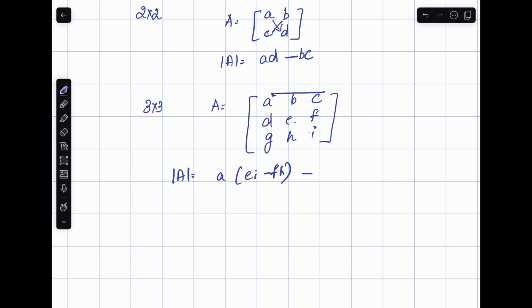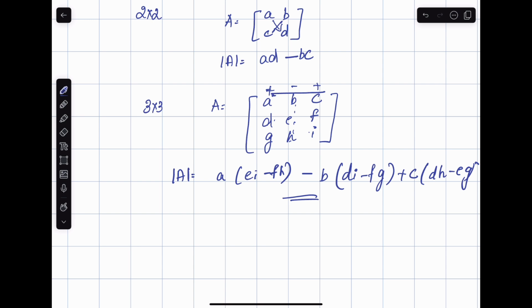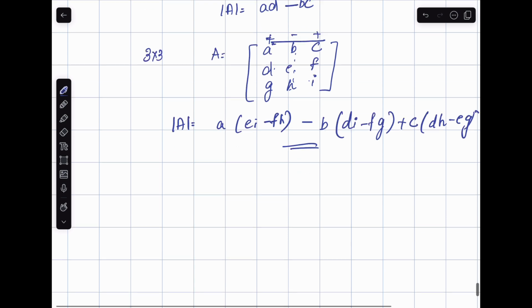Now you have something called signing notation in a determinant: it is plus, minus, plus. So the second term will be minus B into (D into I minus F into G). Then I have C, plus C into (D into H minus E into G). So if you have numbers, you can get the value.